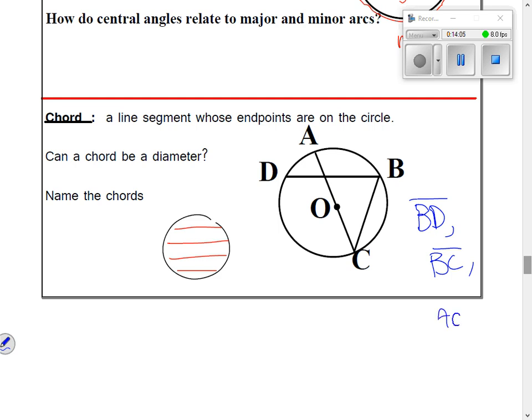AC is the last one. And AC is a special one. It's the longest chord, and that chord is called the diameter. Makes sense. That's the spot in the circle where it's the furthest to get across from edge to edge.